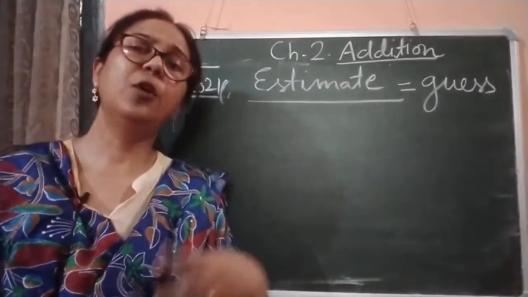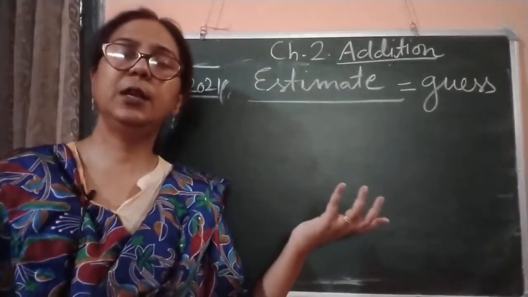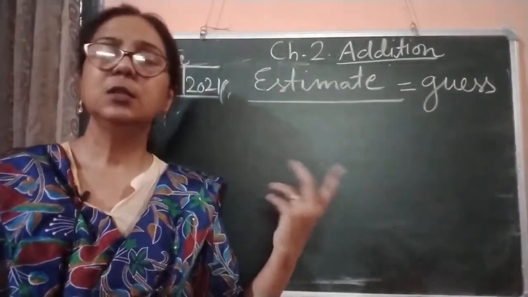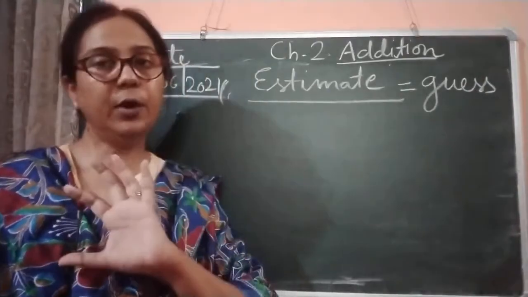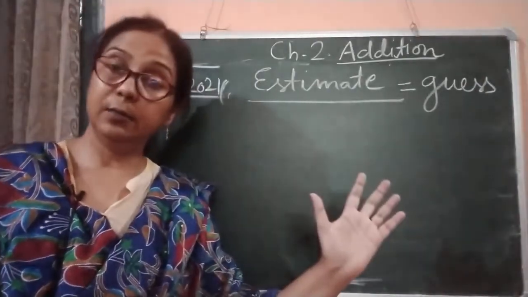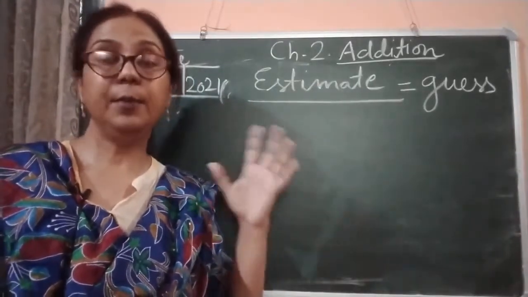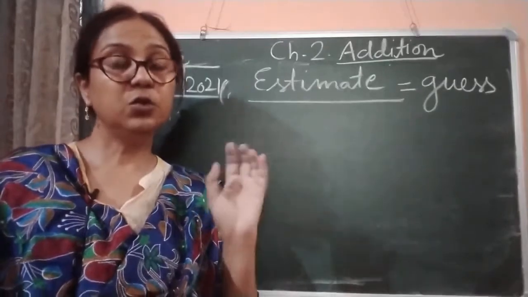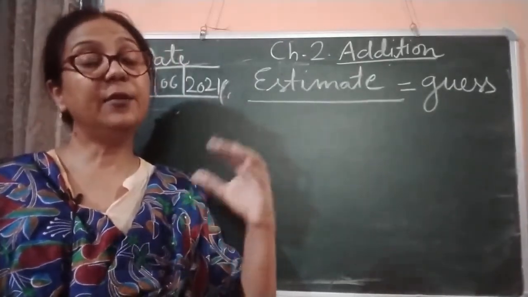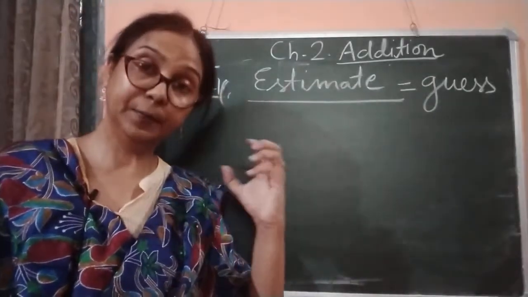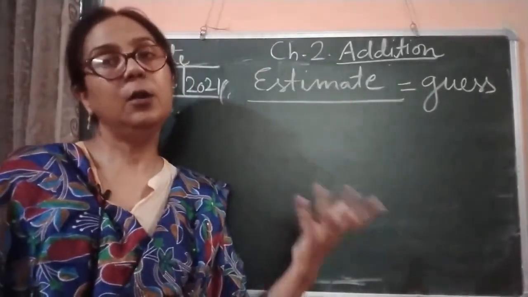Guess means approximately. It's near. Suppose if it is written 425, it is in between 400 and 430. Because this is 25, we will write the round figure, or you can say in rounding we will write 430.